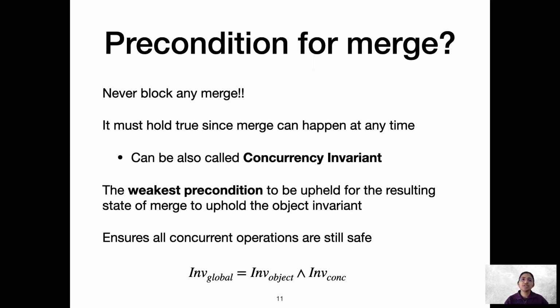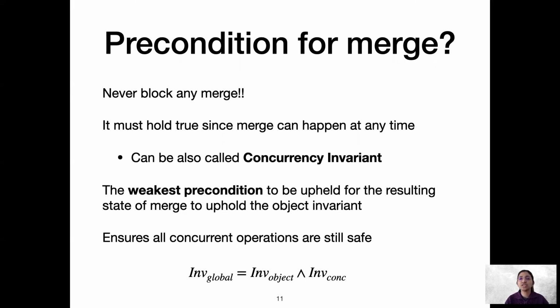Now thinking about a precondition for merge, it seems problematic. We cannot block merging a remote state if the precondition for merge is not satisfied. The state of a local replica should allow a merge at any point of time because merge can happen anytime. Hence, we call it our concurrency invariant. The concurrency invariant should be preserved to ensure safe concurrent operations.